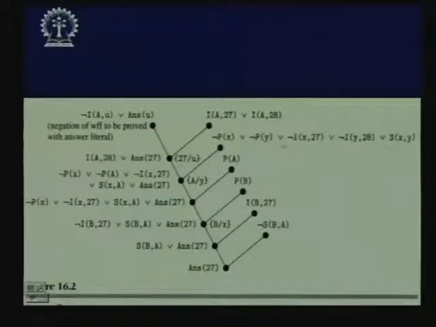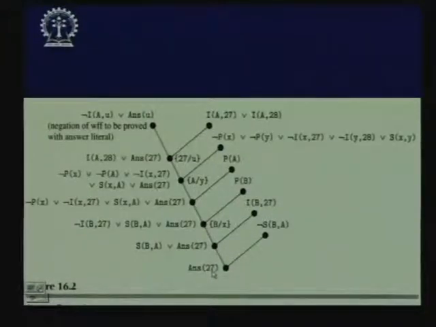I take the first clause, and as I resolve this, I resolve it with a particular substitution, that is y is replaced with A, and based on that, when I go on doing it, I am remembering the resolvent, remembering the substitution, and in this way, as I come here, I substitute this, and ultimately when I get this contradiction, my leaf node will come to 27, and that is my answer.